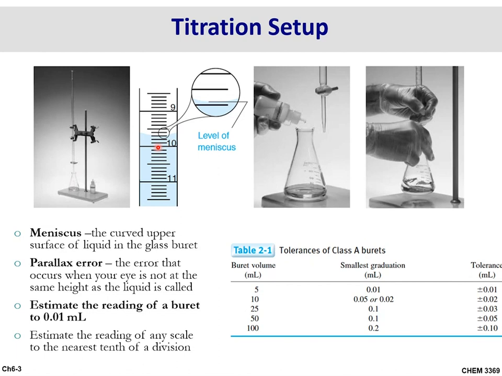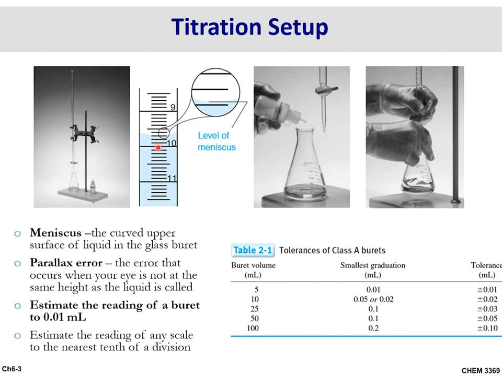But these highly colored solutions will have a double meniscus. So when you read the burette, you can use either one, and as long as you're always using the same meniscus for your reading, you will not introduce too much of an error. So it's important to be consistent, okay?